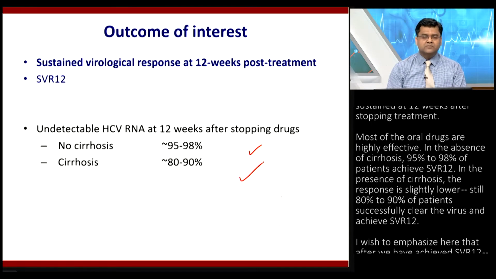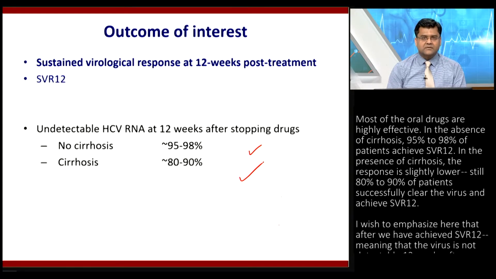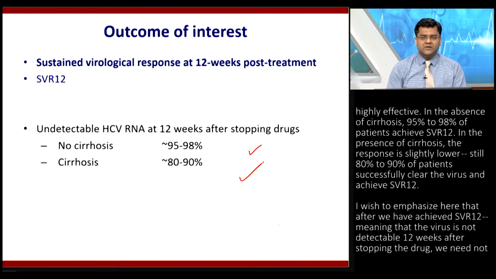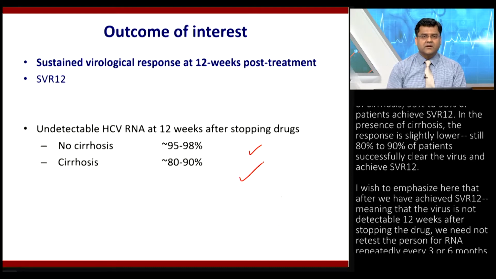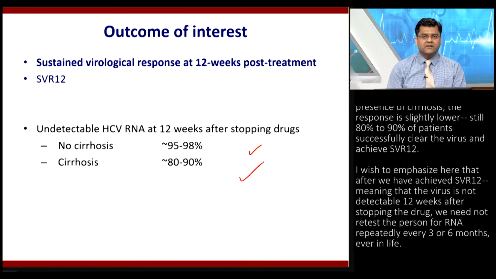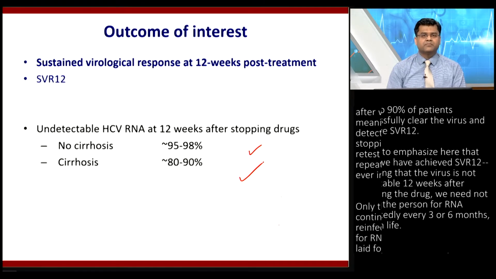I would like to emphasize here that after we have achieved SVR12, meaning the virus is not detectable 12 weeks after stopping the drug, we need not retest the person for RNA repeatedly every 3 months or 6 months, or even in life.